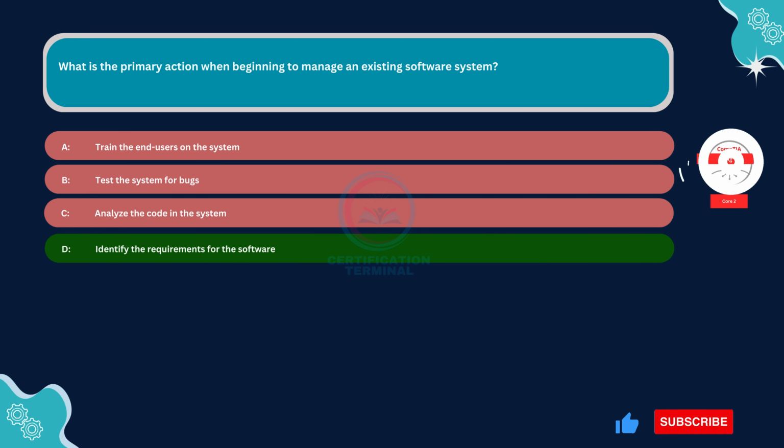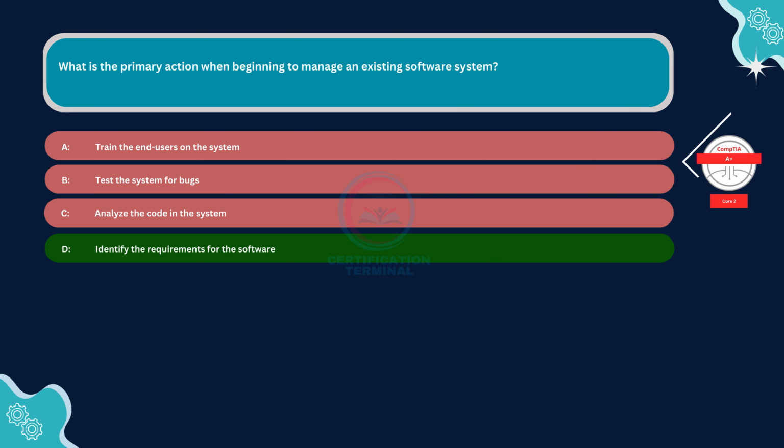Option C, analyze the code in the system, is incorrect. Analyzing the code in the system is an important task, especially for developers or technical personnel involved in managing the software system. However, it is not typically the primary action when beginning to manage the system. Understanding the system's requirements precedes code analysis and helps guide subsequent actions related to the system's code.